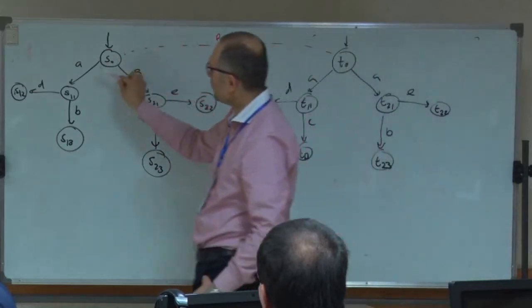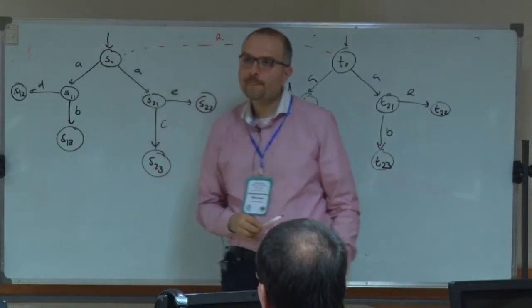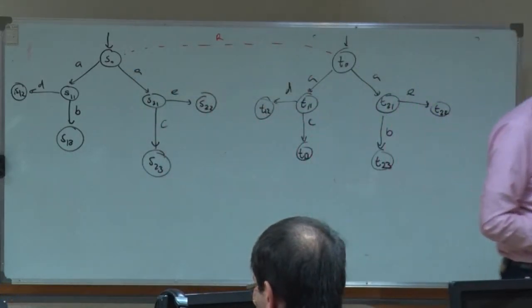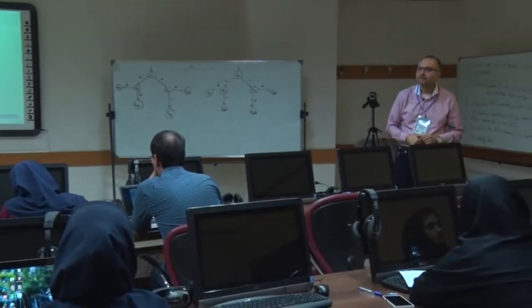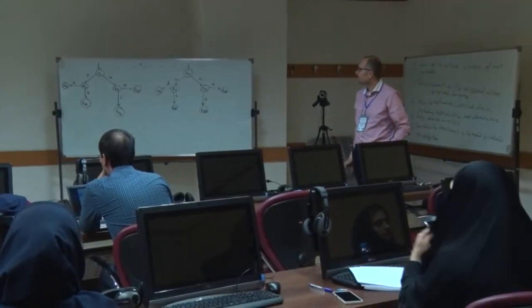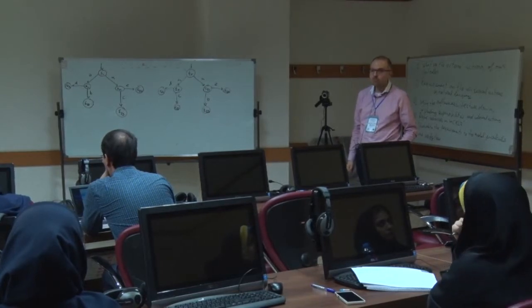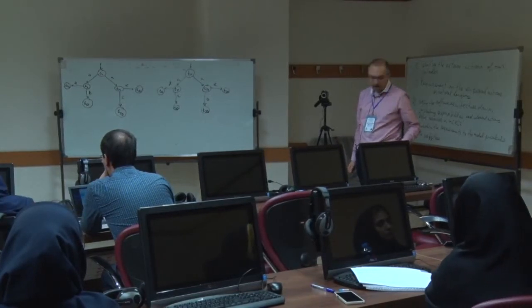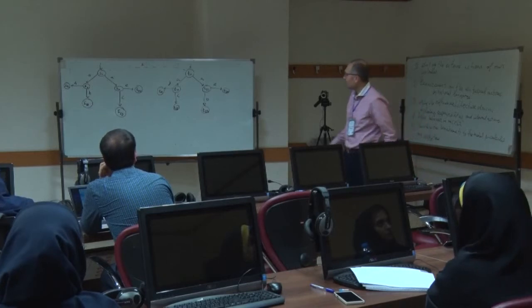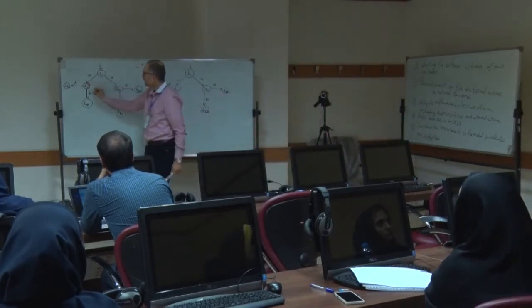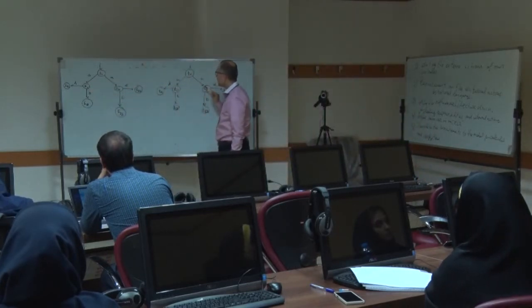Okay, so S naught can do an A to S11, right? So on this side, we can do an A transition. This one should be able to mimic it. And he's saying we have two choices here.